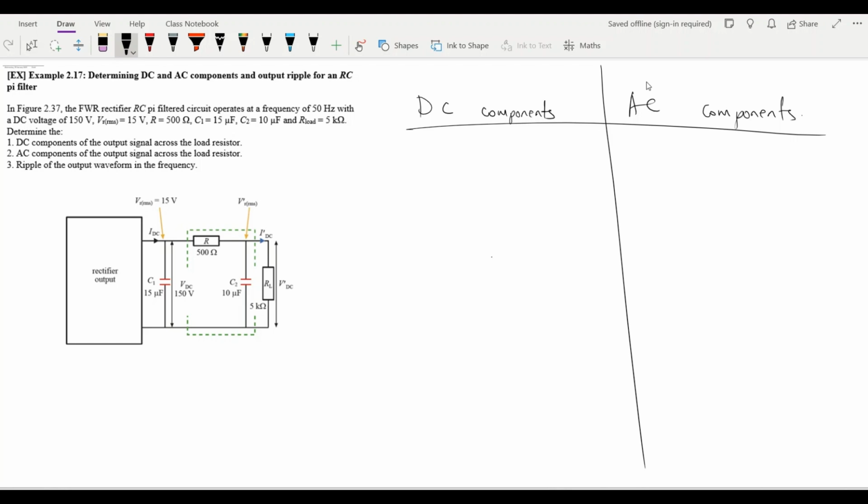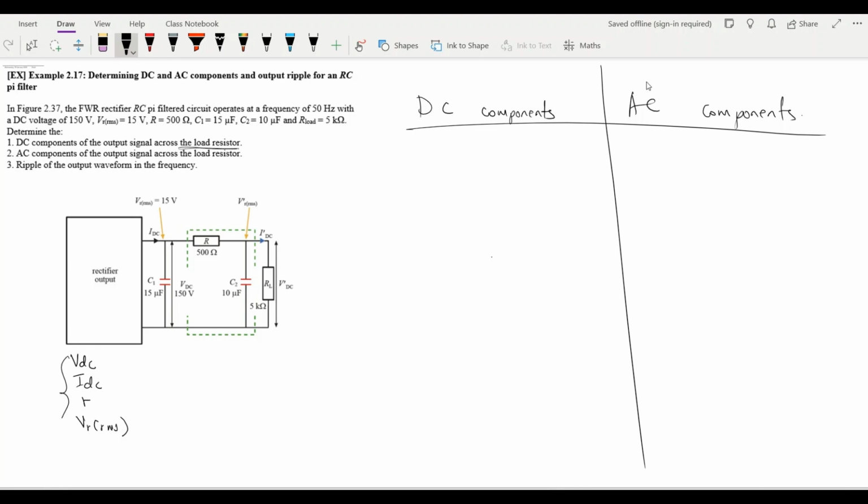Because we are calculating the components across the load resistor, and anything across the load resistor must have a prime. If you're talking about a current across C2 or the load, the ripple voltage, the ripple factor, or the DC voltage, they will all have a prime. Let's make a simple example. On the input side, we are going to have our input DC voltage, our input DC current, our ripple factor, our ripple voltage, just like that, right?